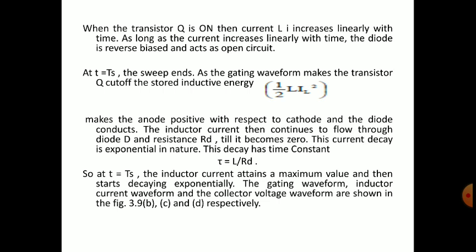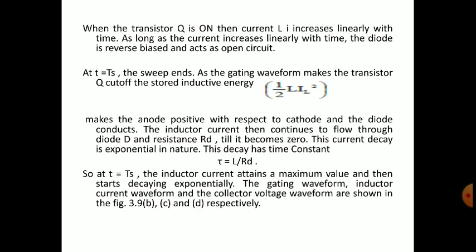After it reaches Ts, the gating waveform is designed such that it reaches the lower level. When Q becomes off, what happens? At t equal to Ts, the sweep ends as the gating waveform makes the transistor Q cut off.